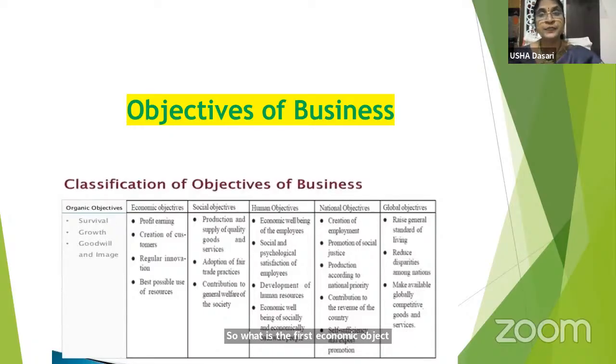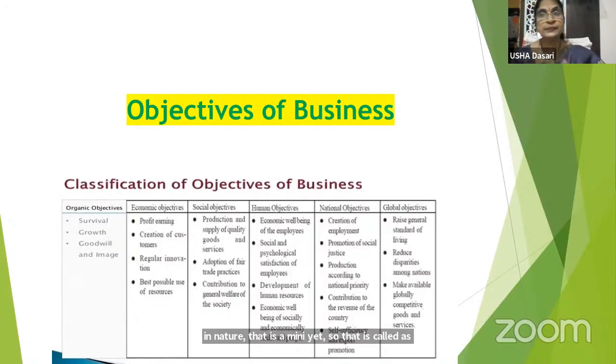Already I told you that business deals with economic activity, that means acquiring wealth. So obviously, the main objective of every business should be acquiring wealth or profit motive. Those objectives are called economic objectives. That means business is an economic activity and its objectives are mainly economic in nature. That is the meaning here.